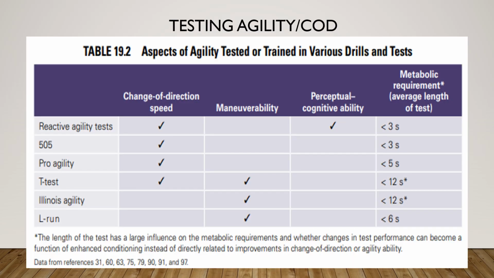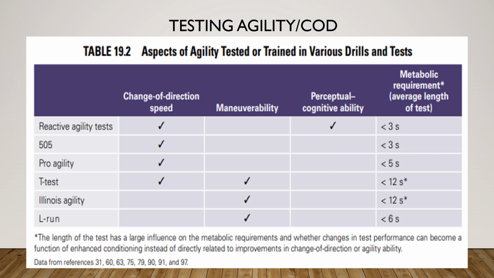Now, when it actually comes to assessing agility or change of direction, it's important that we understand what different tests are actually measuring. And we can see from this table here that we can break tests down into whether they're measuring change of direction, whether they're measuring maneuverability, or if they've got some perceptual or cognitive component.